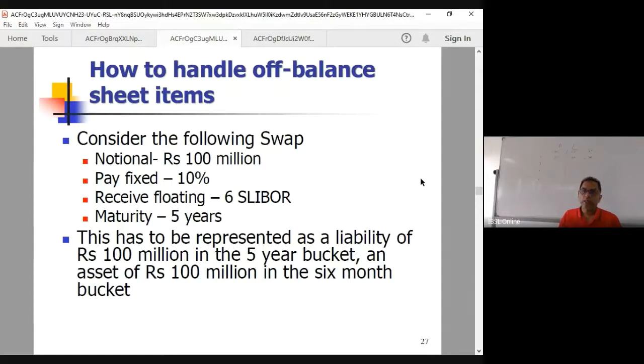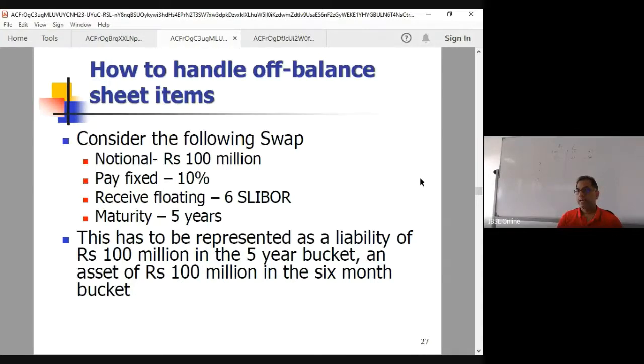So why are you showing it as a liability in the 5-year bucket? Because you are effectively paying fixed for 5 years, paying interest for a 5-year period at a fixed rate, irrespective of what happens with the floating rate. But at the same time, you have also contracted on the same swap an asset where you receive 6-month floating SLIBOR every 6 months.